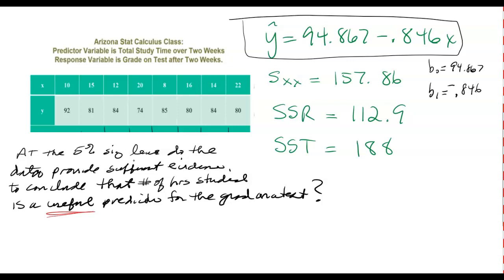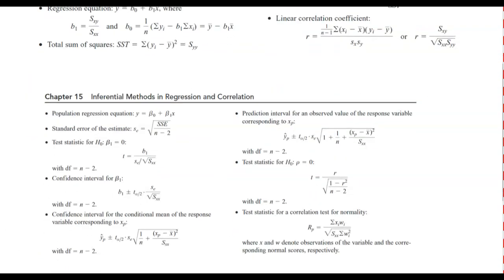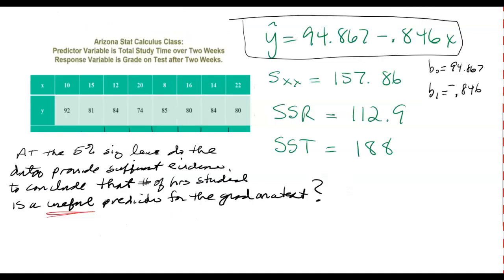You can take a look at your formula sheet, of course, when you get down to chapter 15. Here it is, test statistic for H sub 0. Your null hypothesis is going to start with the assumption it's not useful. Remember, the data then has to come out and tell us that it is useful.